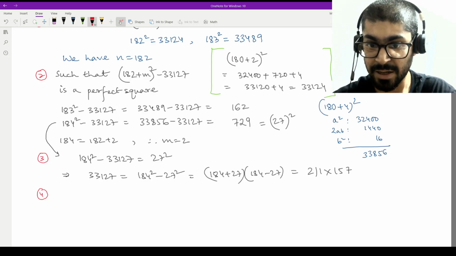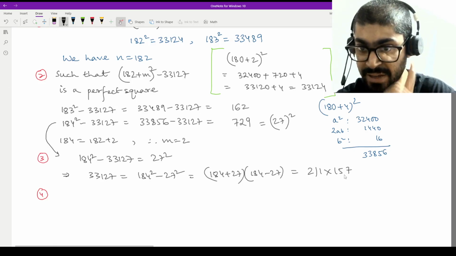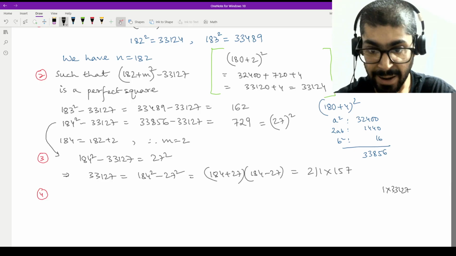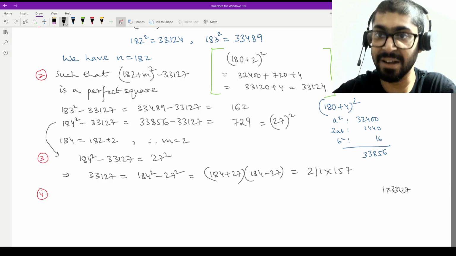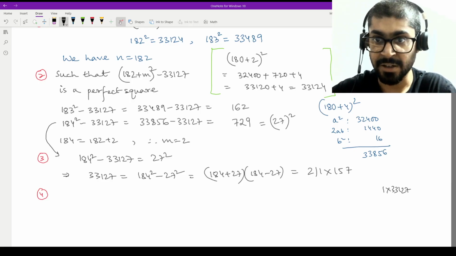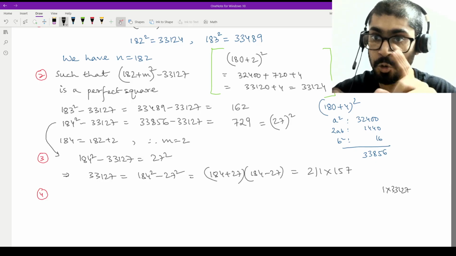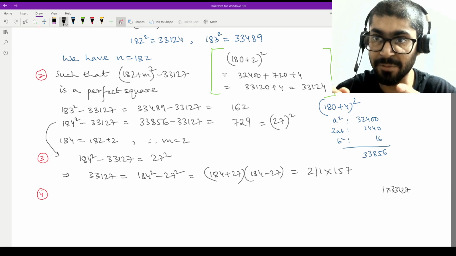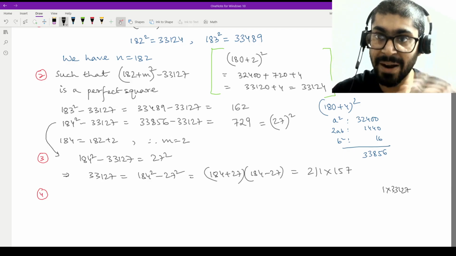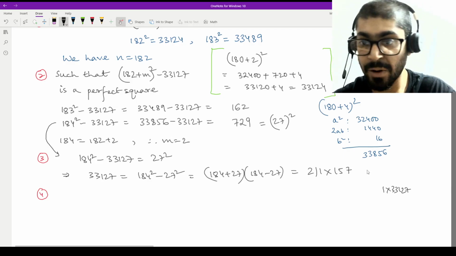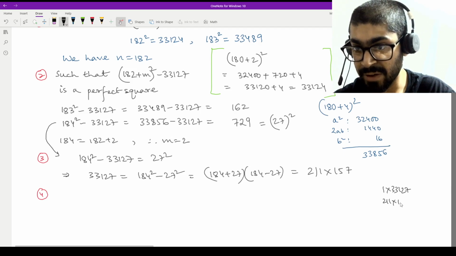So if there are two exact factorizations possible, then one of them will always be 1 into 33127, right? Any number itself and 1 are always their factors. So the question wants us to show that there will just be two such factorizations. One of them will have to be by default themselves. The other one will be 211 into 157.